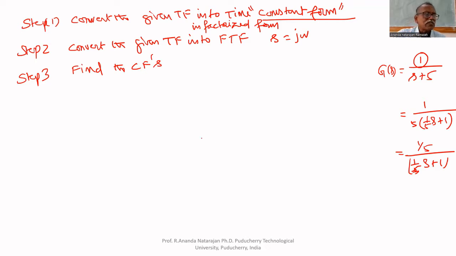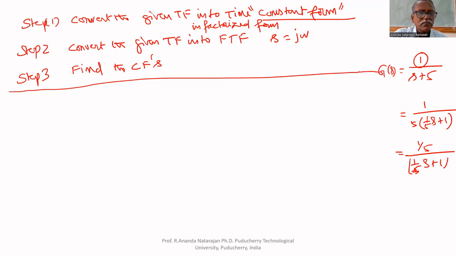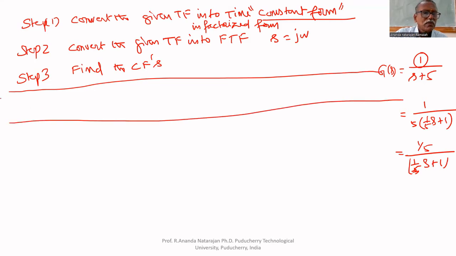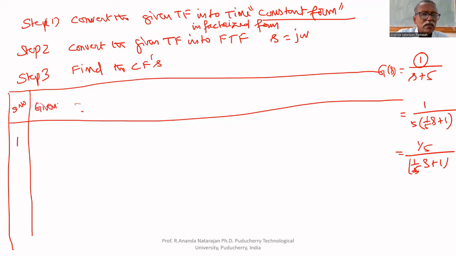After finding the corner frequencies, we have to form a table. The first column is the given factor. The second one is the corner frequency.